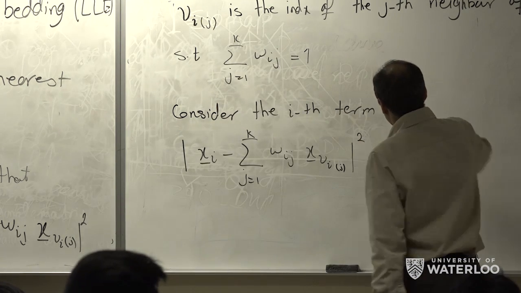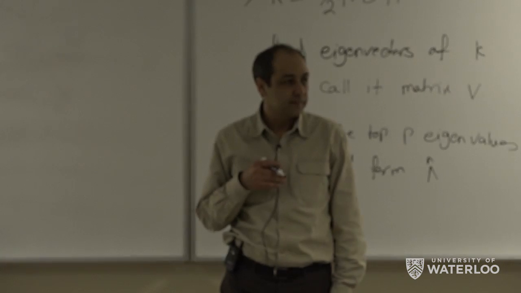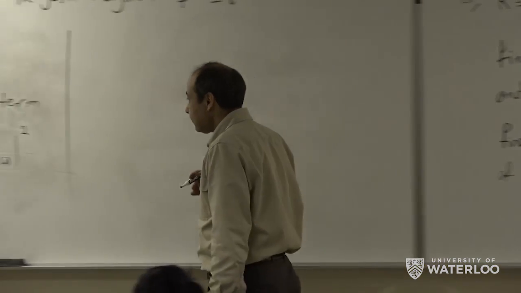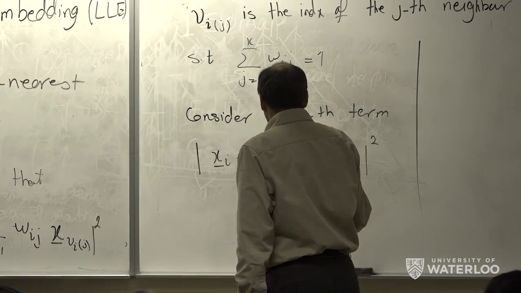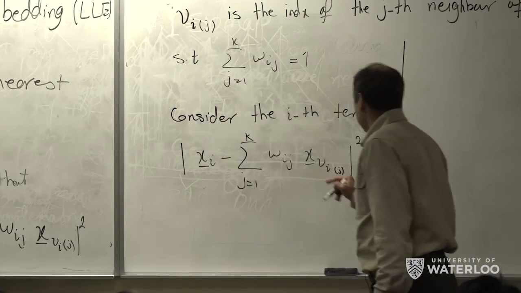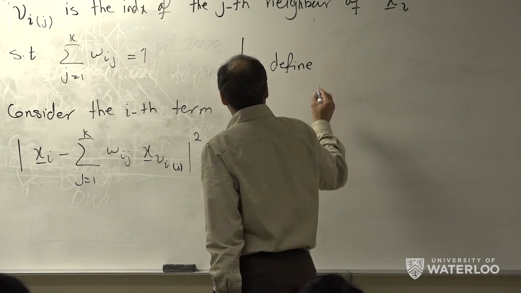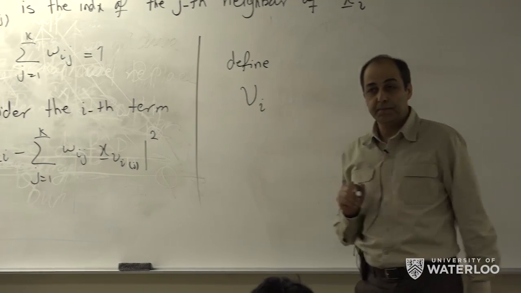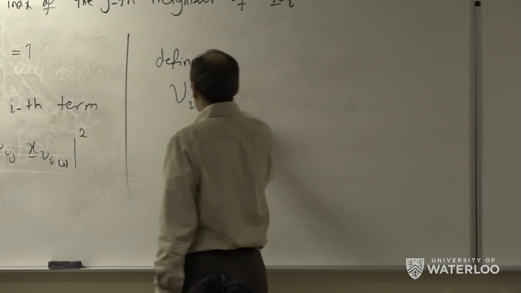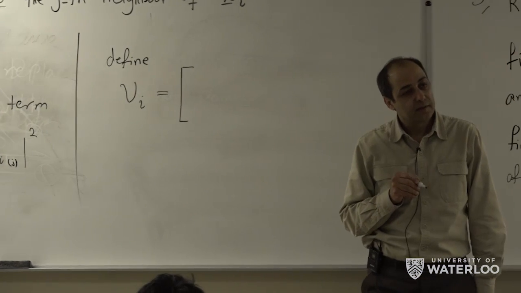I would like to rewrite this objective function with just vectors and matrices. Let me define Vi as a matrix of all neighbors of point i.